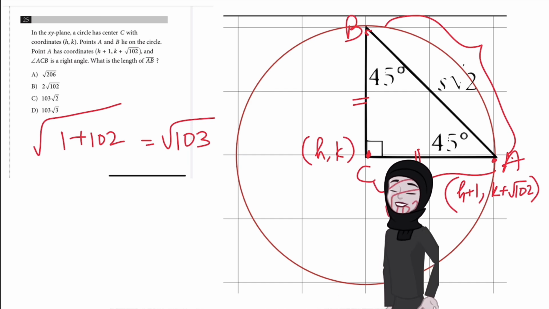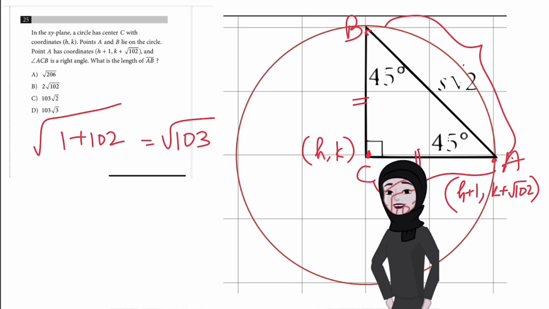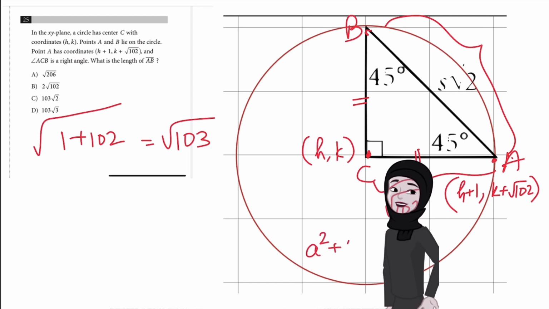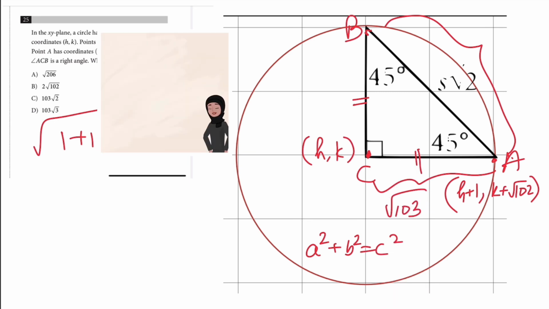Now we know that by the Pythagorean theorem, if a right triangle has a hypotenuse with length C and legs with lengths A and B, then A squared plus B squared is equal to C squared, where A and B are the legs and C is the hypotenuse.